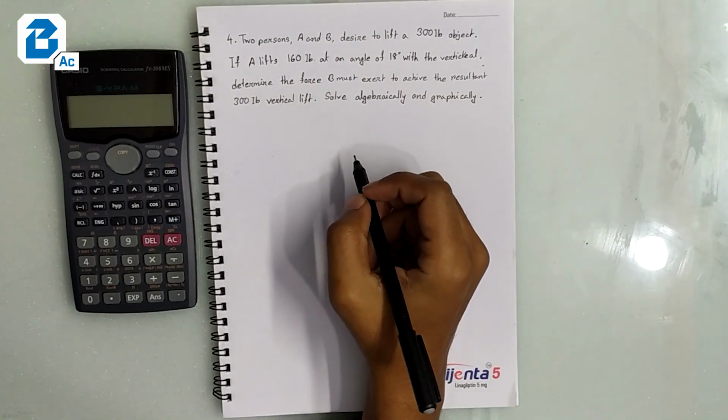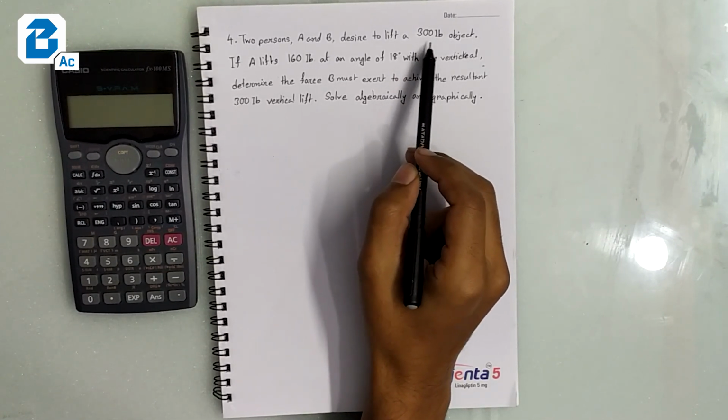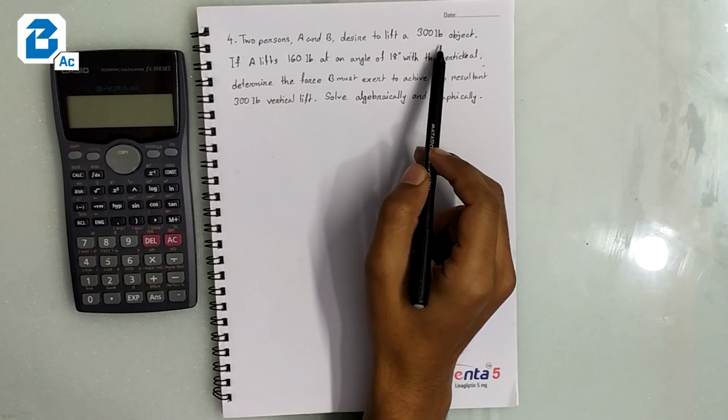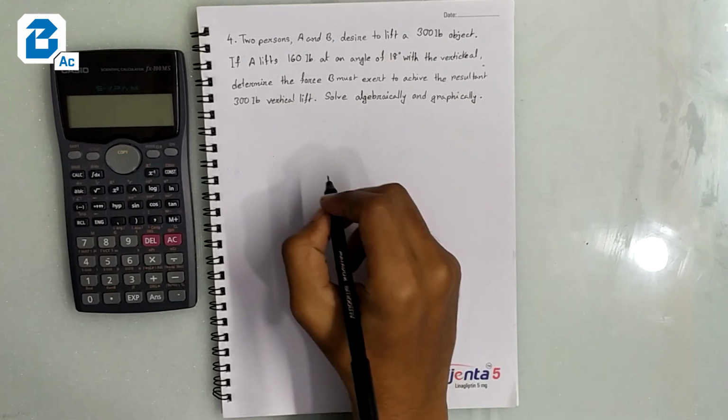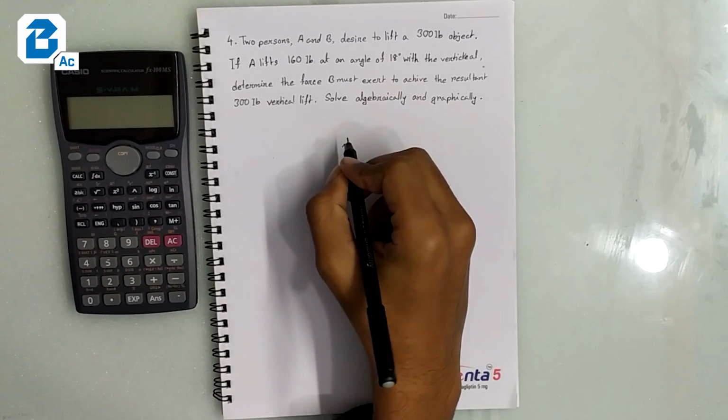Here we can see that the object is 300 pounds and it needs a vertical lift. So the lift will be upward.